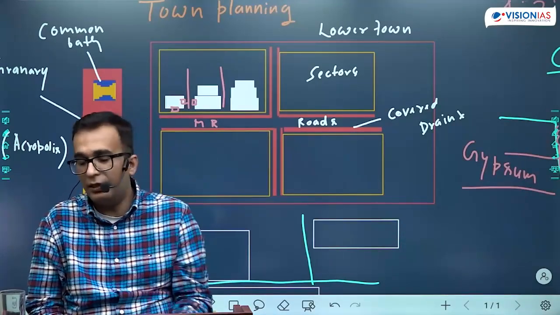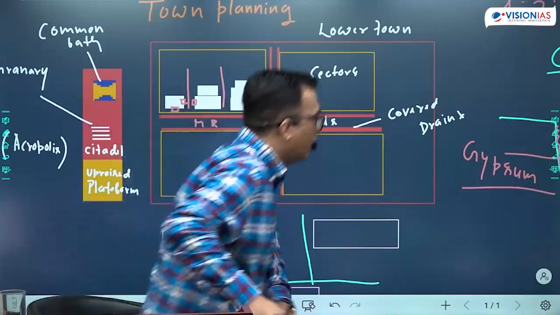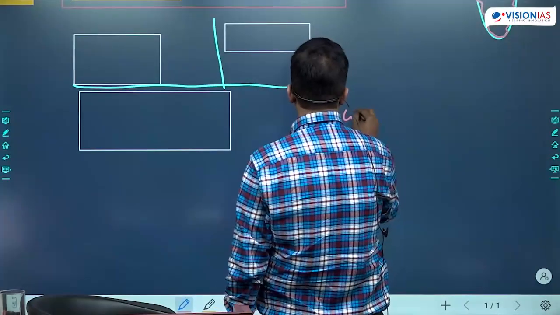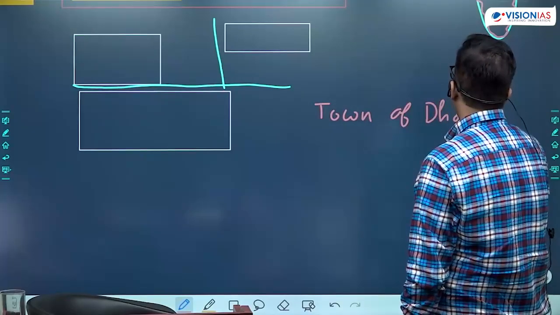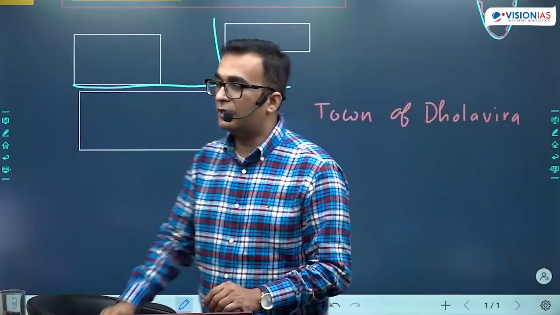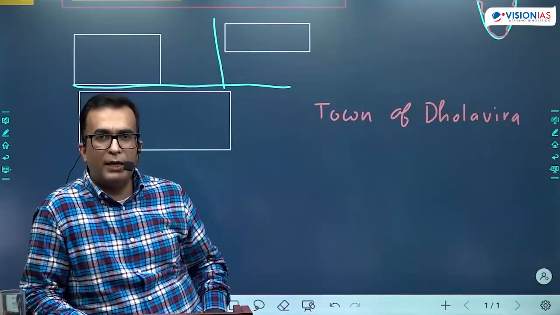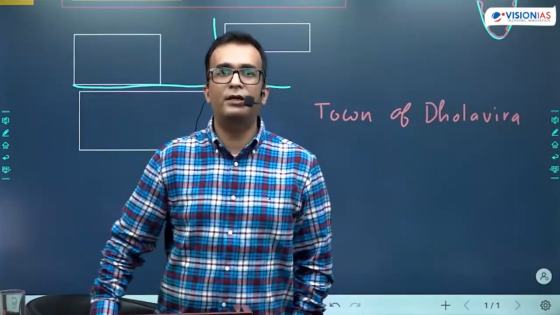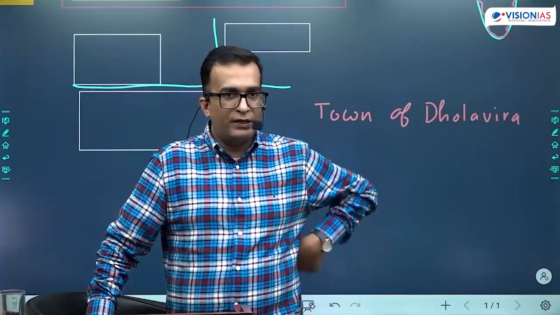So write a note. In note you write: Town of Dholavira is an exception to the general planning of Indus Valley.